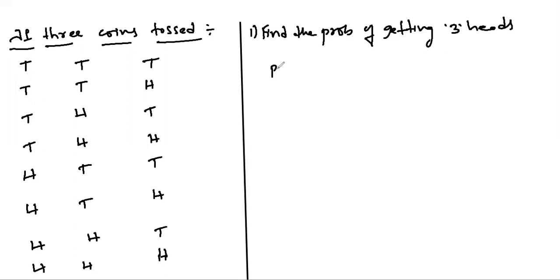So now P of A is equal to total how many are there? 8. In this, find the probability of getting three heads. Three heads, only one condition. So 1 out of 8.